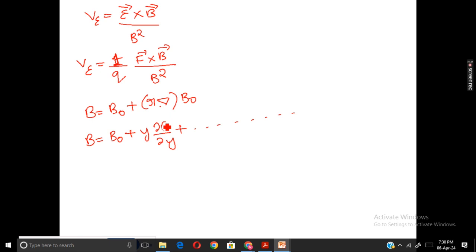So this is how the magnetic field is changing in the y direction. Earlier we found that the force experienced by the particle in the x direction is Fx equal to q vy Bz, and Fy was found to be minus q vx Bz.